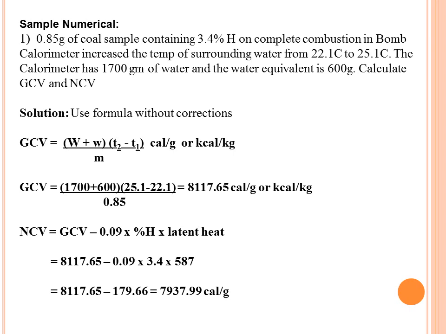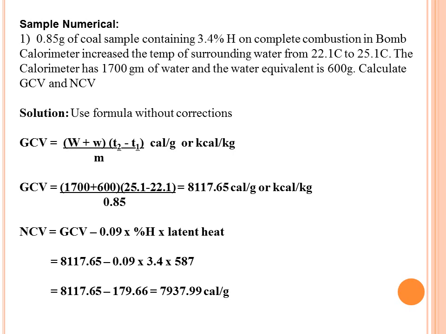So we have that GCV formula: (W + w) × (T2 − T1) / m. So 0.85 is nothing but the weight of that coal sample. Then 1700 gram is the mass of water that we have taken in the calorimeter. 600 gram is the water equivalent of that calorimeter.